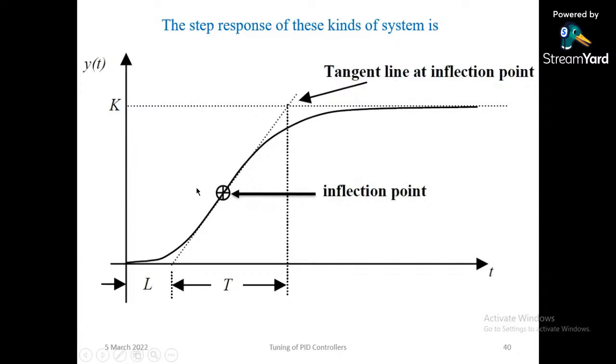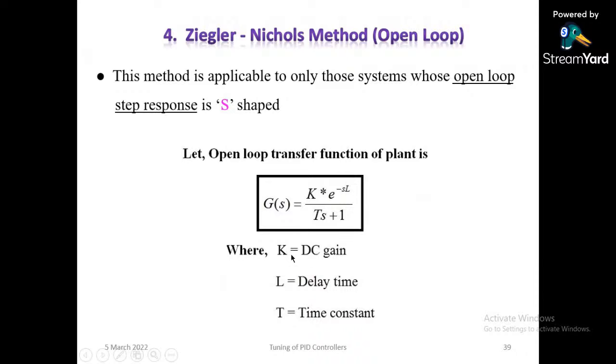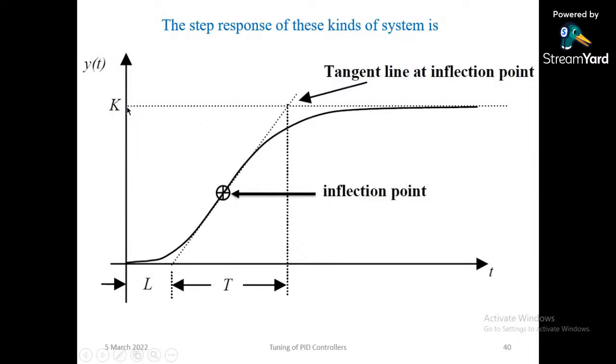Now K, L, T: DC gain, delay time, time constant are reflected like this. जिथे सॅच्युरेट होतो ना, यू कॅन सी आता ह्या पुढे वाढत नाही आहे, सॅच्युरेटेड, तिथनं एक हॉरिझॉन्टल डॉटेड लाईन टाका. दिस इज व्हॉट युअर के.